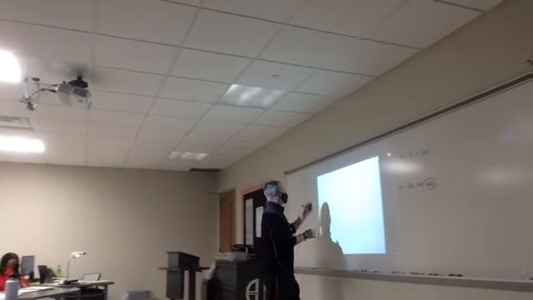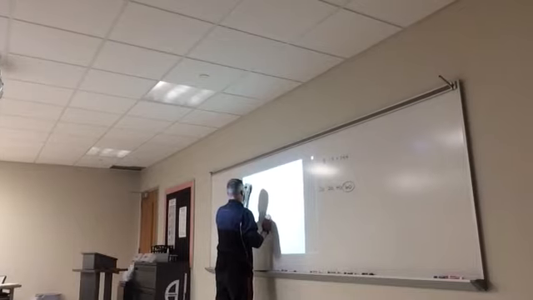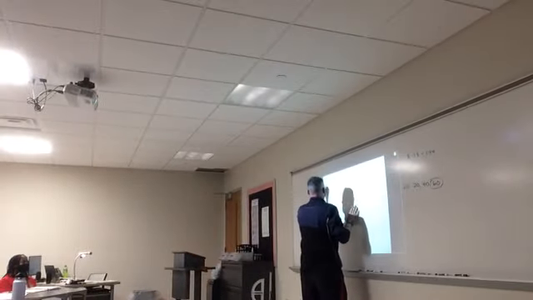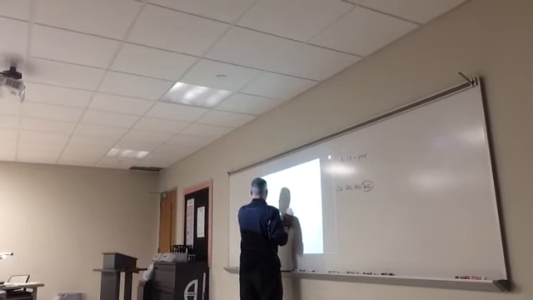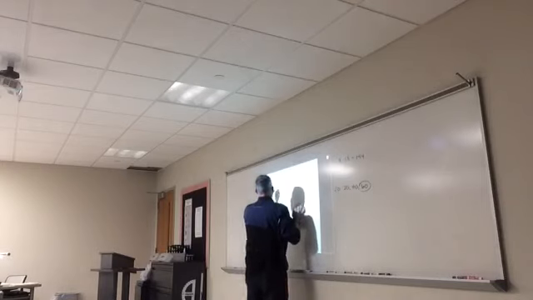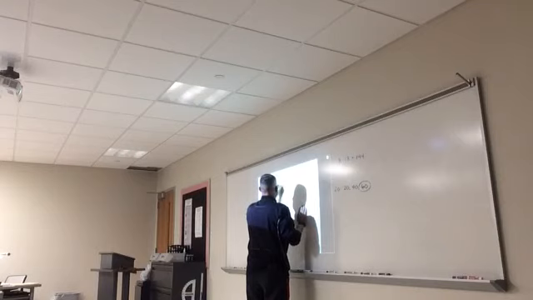Just like we did before, we're going to ignore the variables to begin with. 12 is going to go into 2 and 6. 6 is going to go into 2 and 3. 18 is going to go into 2 and 9, and 9 is going to go into 3 and 3.